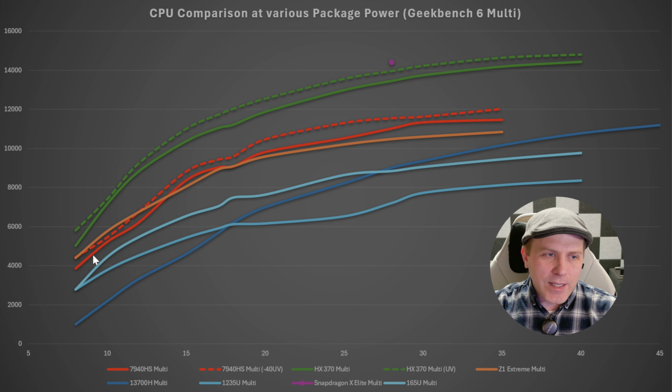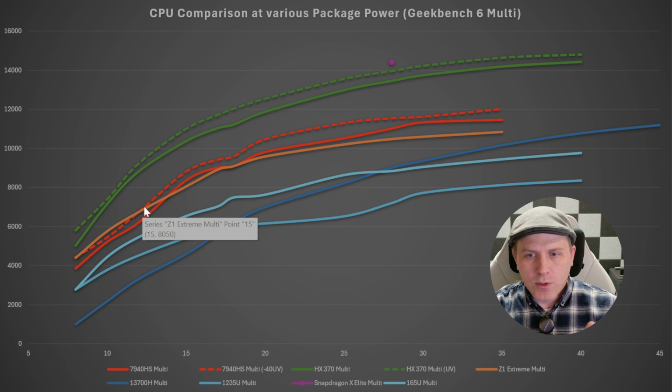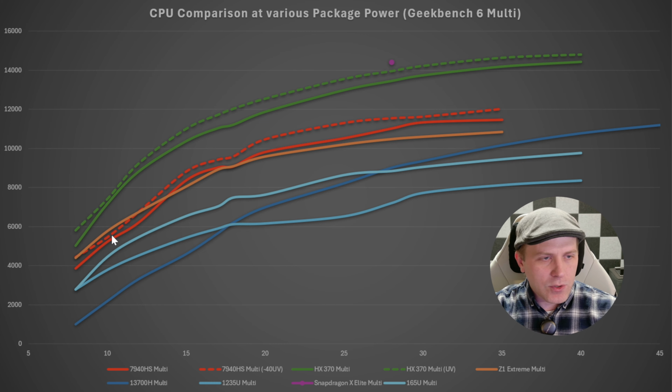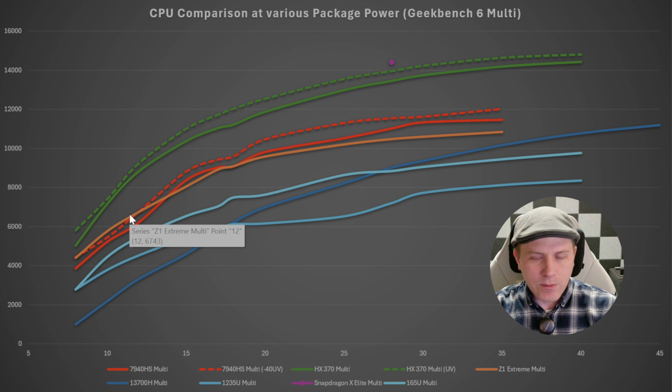So what that did was, and you could do this on the Z1 Extreme as well, I just didn't have the time to do it. Anyways, comparing the Z1 Extreme to the 7940HS, this makes sense. The Z1 Extreme is geared towards small handheld devices, right?